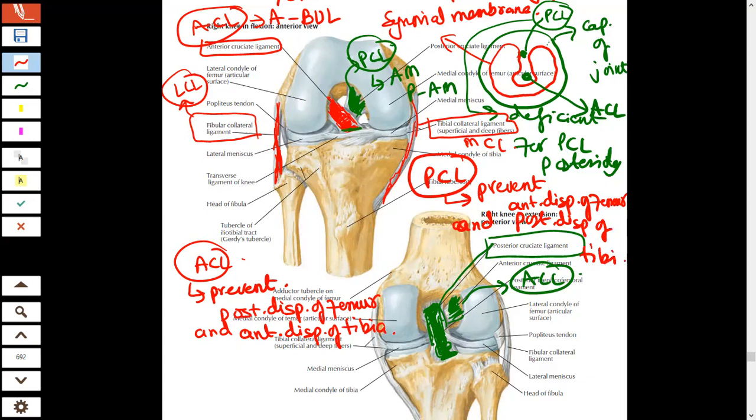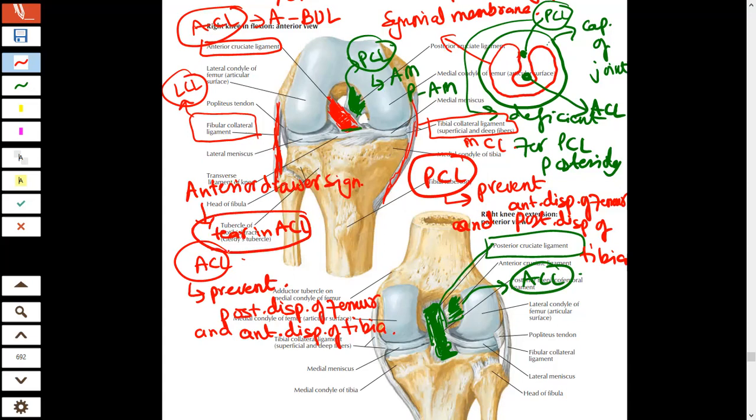So this is what we call the anterior drawer sign. What is the anterior drawer sign? You will place the patient to check for any tear in the ACL. A tear in the ACL, that is known as the anterior drawer sign.